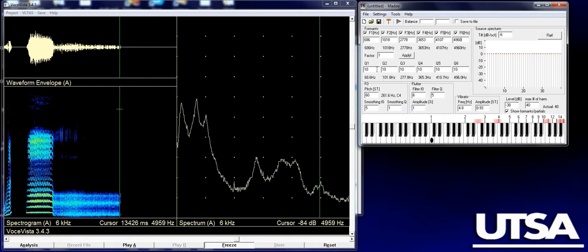Okay, so in Madde, this Q factor here is what determines the bandwidth. Right now we have the formant peak there, and the preset is a Q scaling of 10, which gives us this number divided by 10.